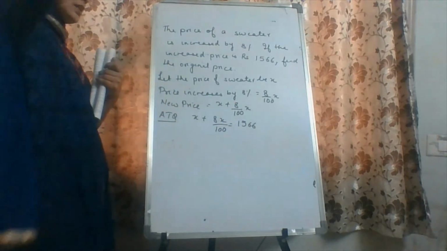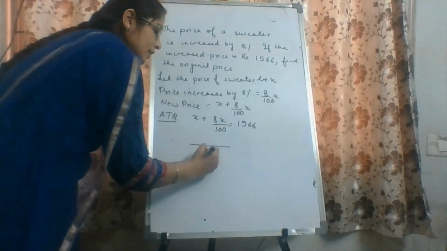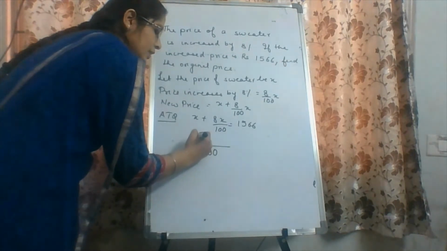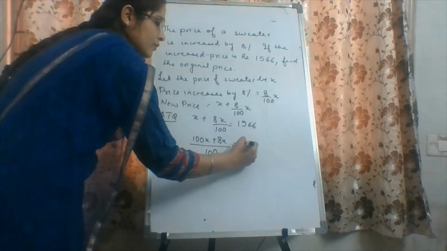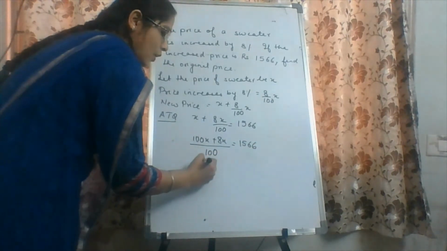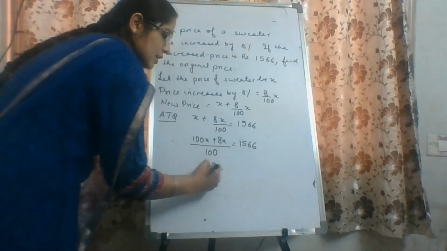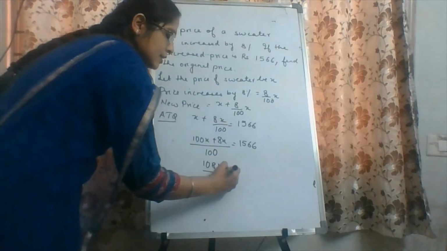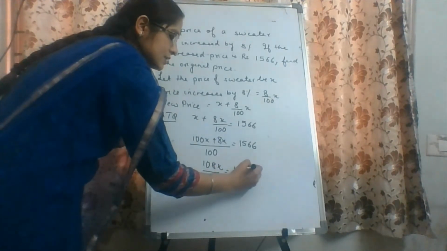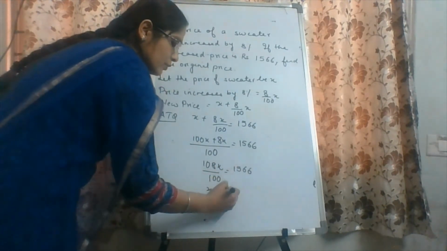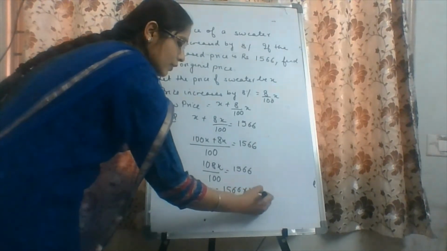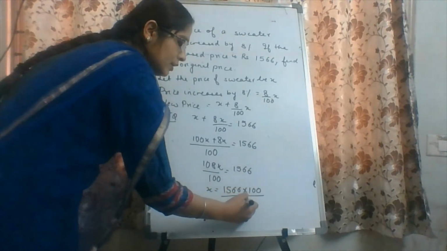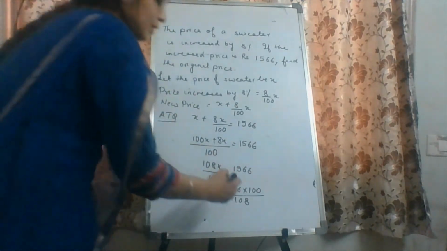Let us solve this. Take the LCM. You get 100x plus 8x upon 100 equal to 1566. Solve: 108x upon 100 is equal to 1566. X is equal to 1566 multiplied by 100 upon 108. Let us simplify this.